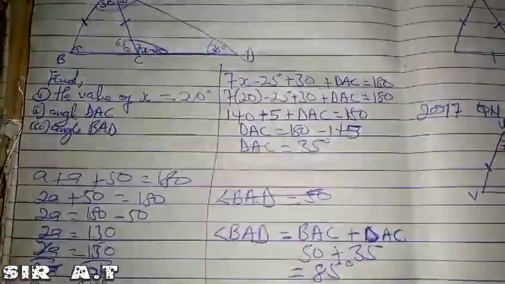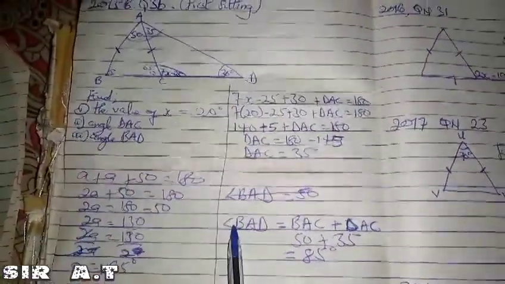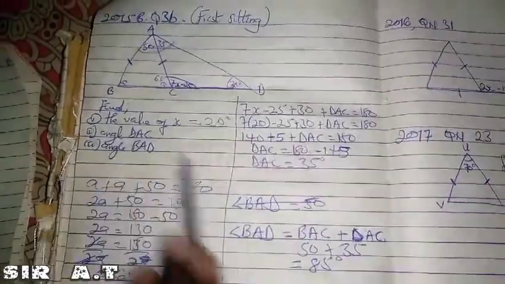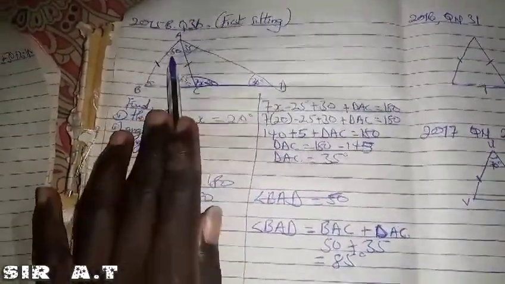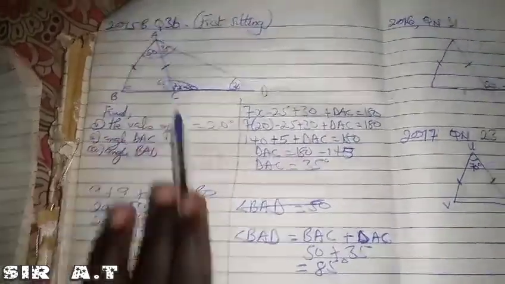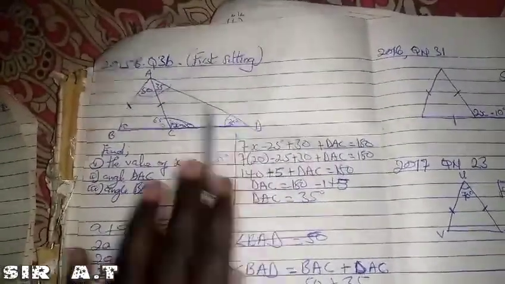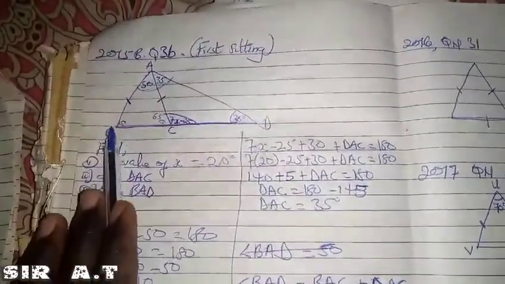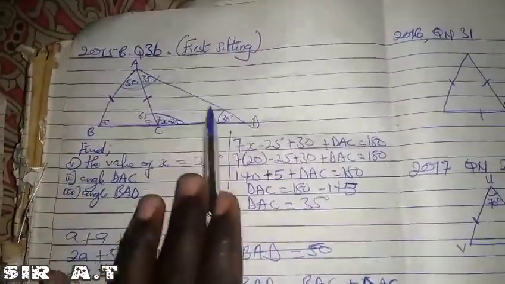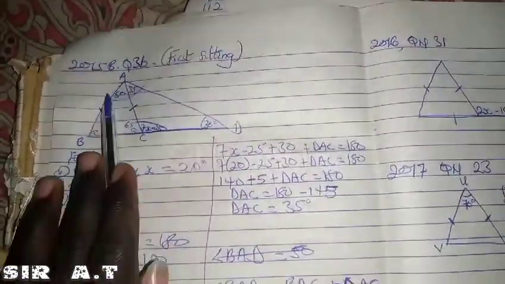So that is how it has been worked. You are finding BAD. So BAD is equal to BAC. So this 50 plus DAC, that's DAC, which is also 35. So we are looking for B, from B to A to D. So the whole of this.